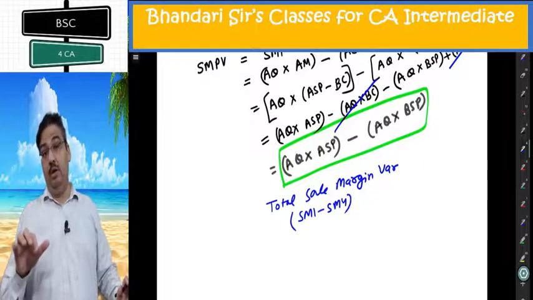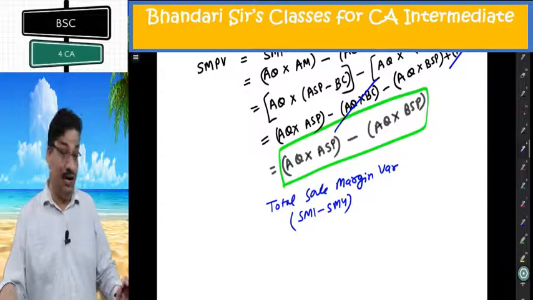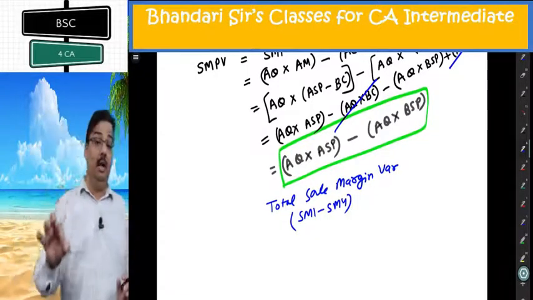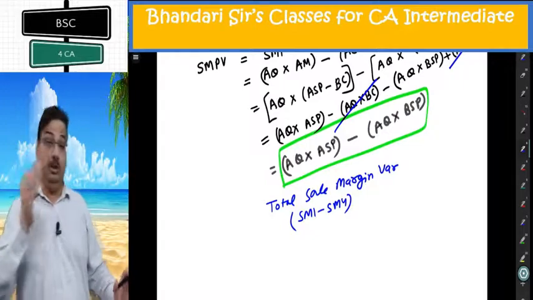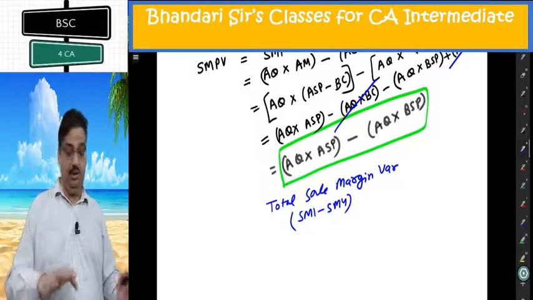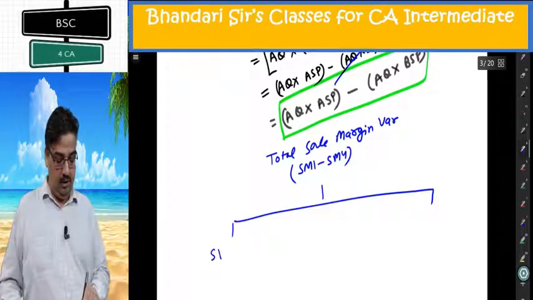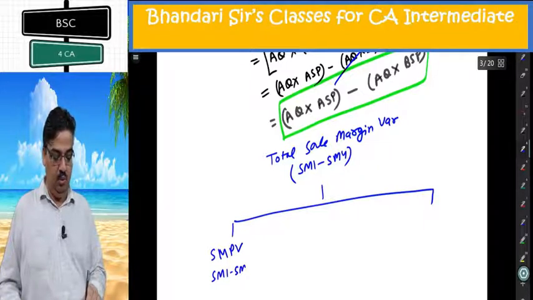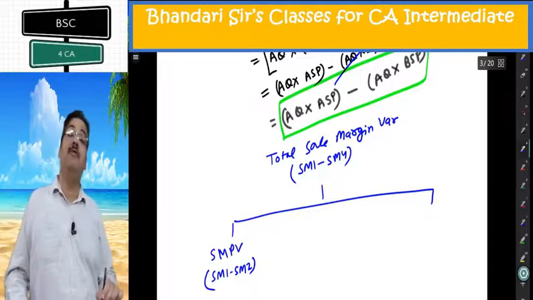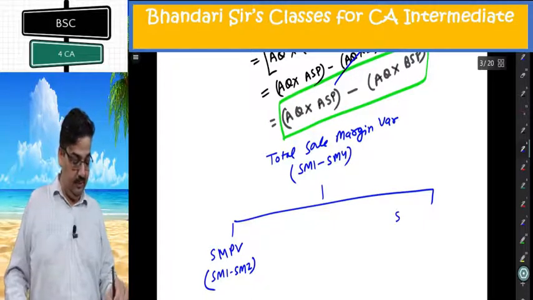So SM4 is budgeted profit, SM1 is actual margin, not actual profit. We have considered there only standard cost. If cost were same, then why is the difference in the profits? Caused by sale reasons. Under this, sale margin price variance SM1 minus SM2, that is caused by inflation, deflation in price, selling price change causes this.